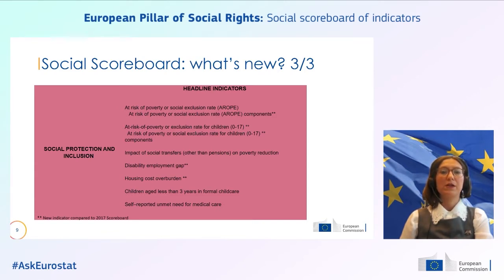So the at risk of poverty rate, the material or social deprivation rate, and people living in households with low work intensity. And we also present these indicators for children, so people below 18 years old.